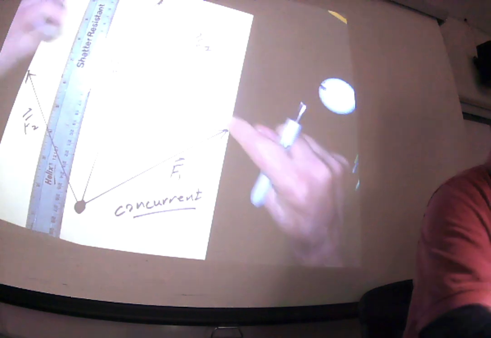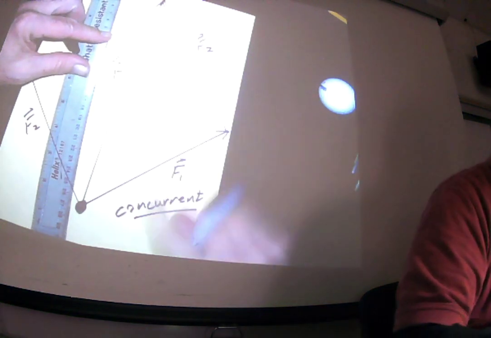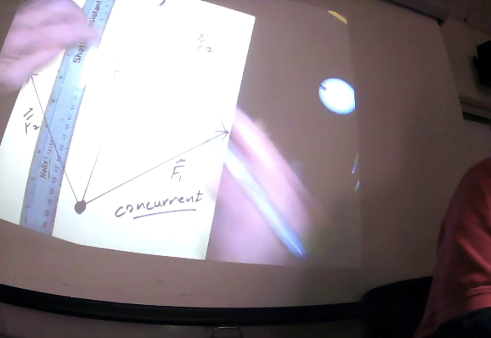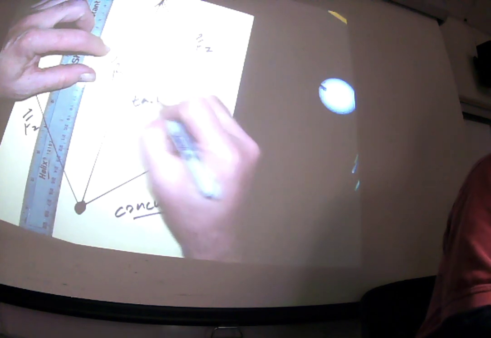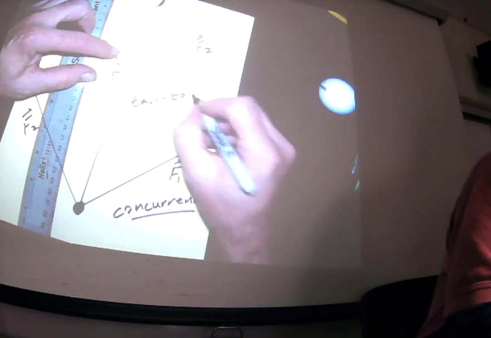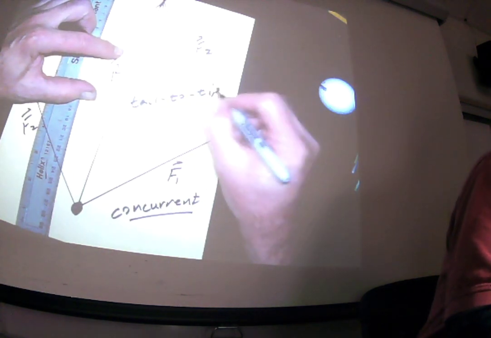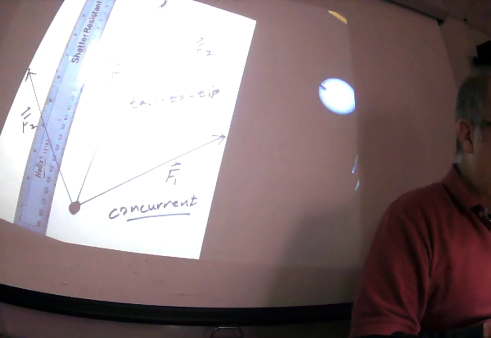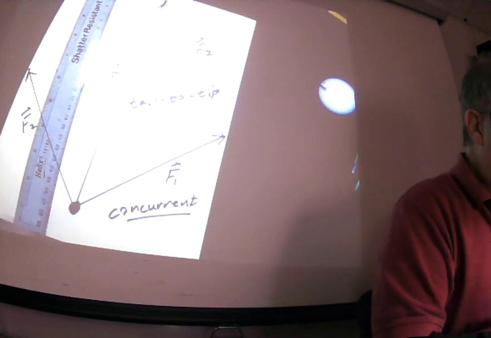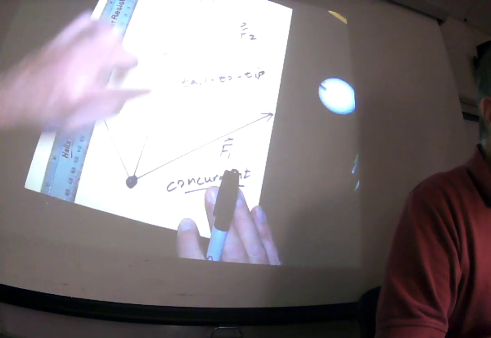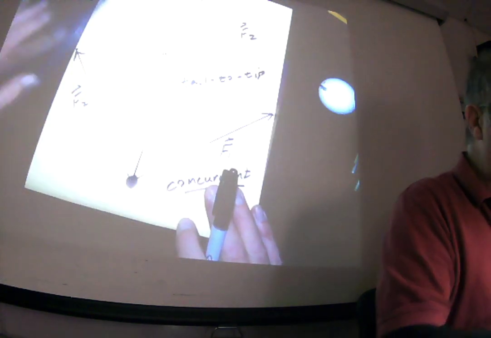That's by putting the tail of the second vector at the tip of the first one. And this is called the tail to tip method of adding vectors. And we get a resultant like this, which makes sense because the ball ended up moving in this direction.